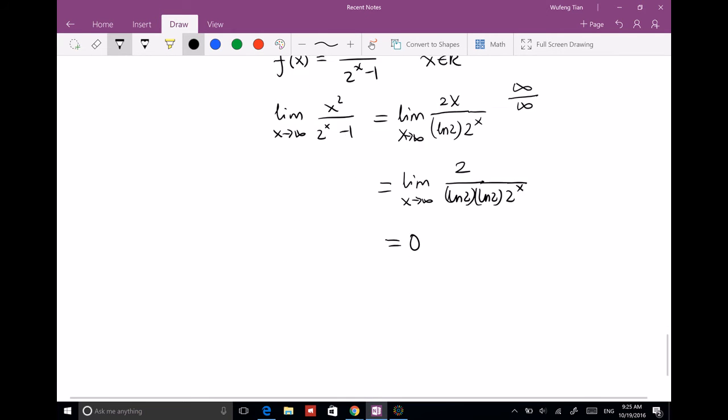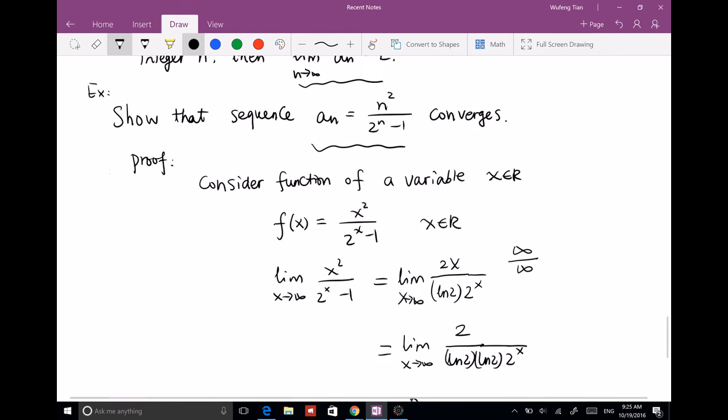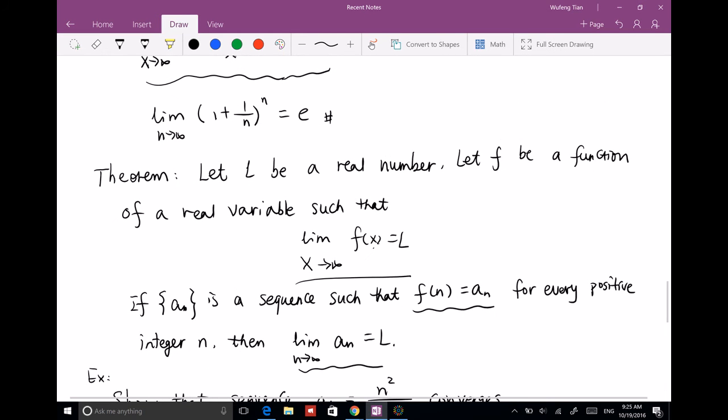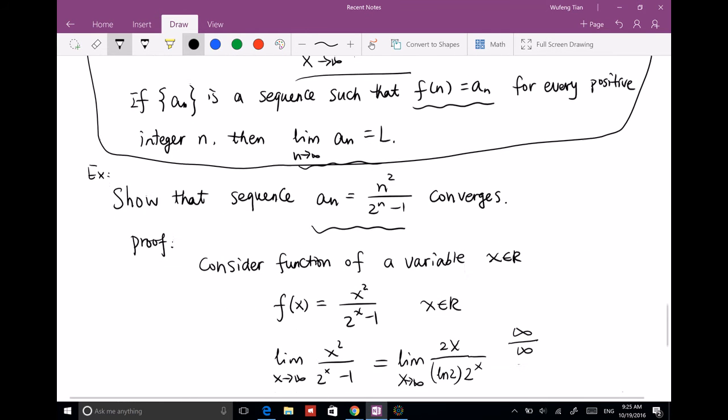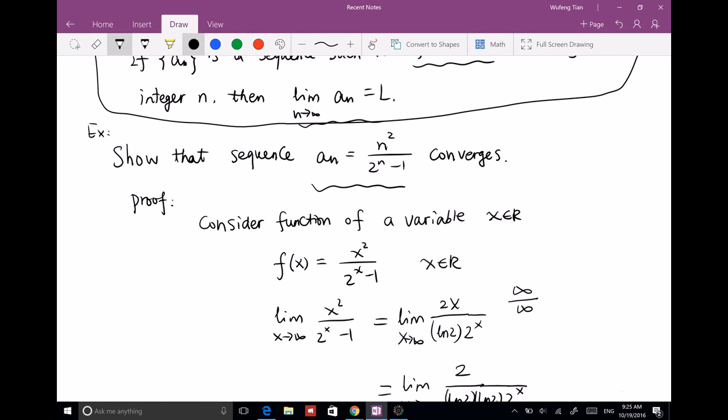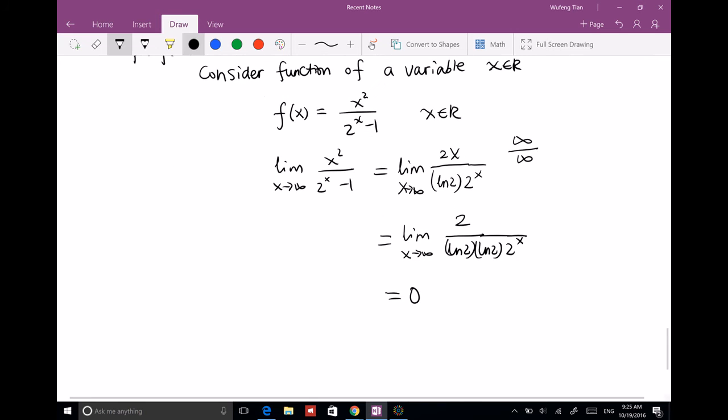Because of the theorem, if your function f(x) converges to L, then the sequence also converges to L. They have the same form; you change n into x. Therefore the limit as n goes to infinity of n squared over 2 to the power n minus 1 equals 0.